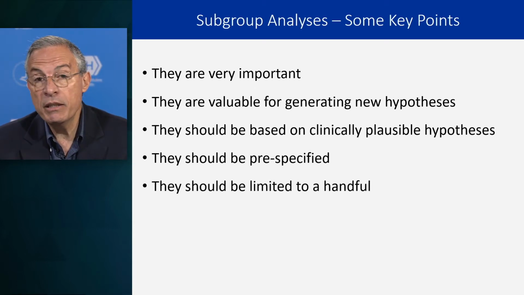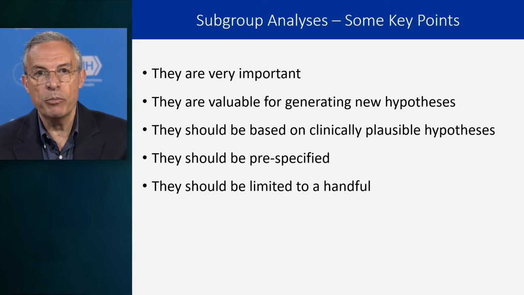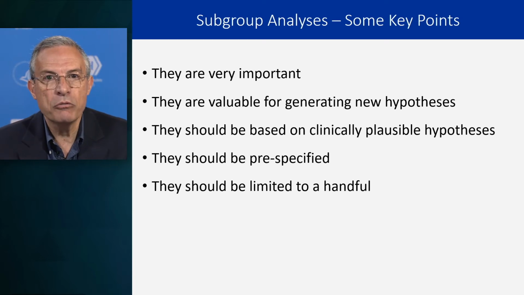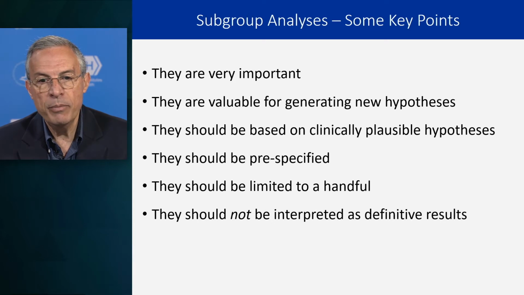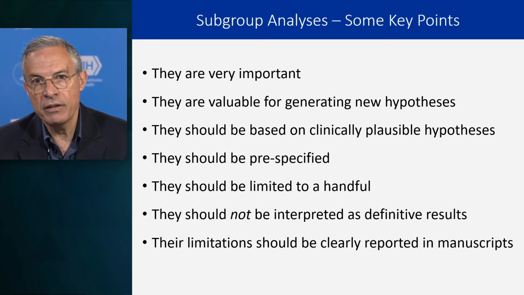They should be limited to a handful, because you could say, I'm going to pre-specify 200 subgroup analyses. Well, you should try to limit the number of subgroup analyses you're doing. They should not be interpreted as definitive results. Their limitations should be clearly reported in manuscripts. So again, this is a little bit of the modesty and the uncertainty.